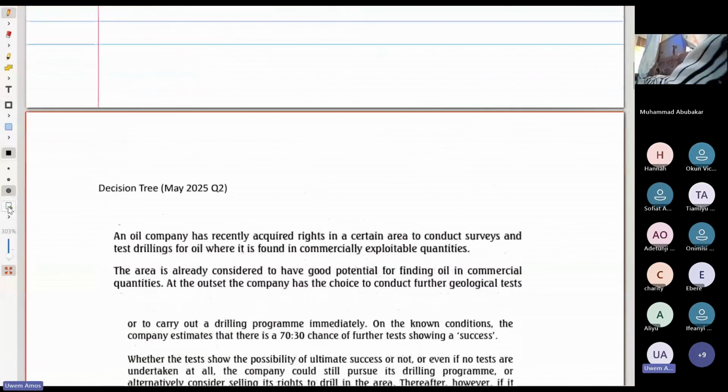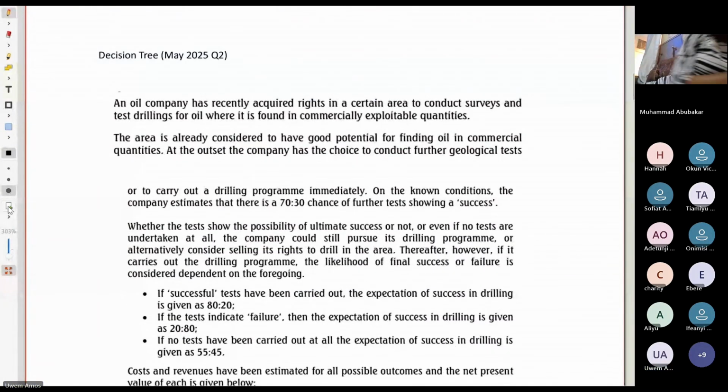Okay, so the question reads, an oil company has recently acquired rights in a certain area to conduct surveys and test drilling for oil where it is found in commercially exploitable quantities. The area is already considered to have good potential for finding oil in commercial quantities.